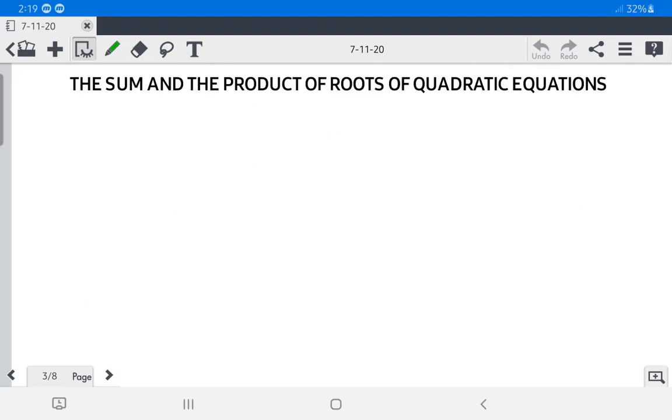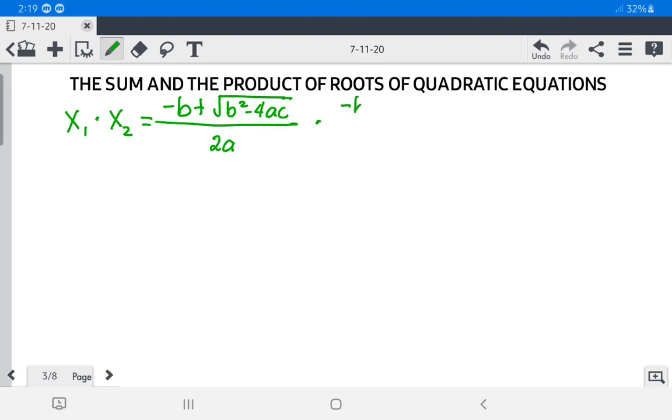Okay? To find the product of the roots, we have x of 1 times x of 2. So we have negative b plus square root of b squared minus 4ac over 2a times negative b minus square root of b squared minus 4ac over 2a.